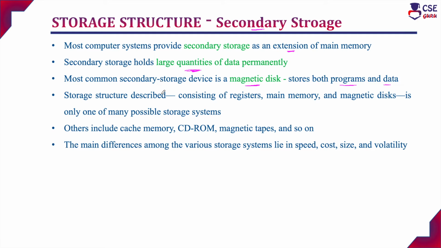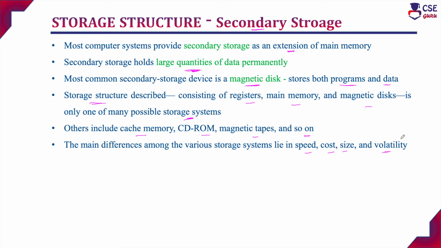The storage structure consists of registers, main memory, and magnetic disk, which are only some of many possible storage systems. Other storages include cache memory, CD-ROM, magnetic tapes and so on. The main differences among various storage structures lie in the speed of accessing data and instructions, cost, size and volatility.